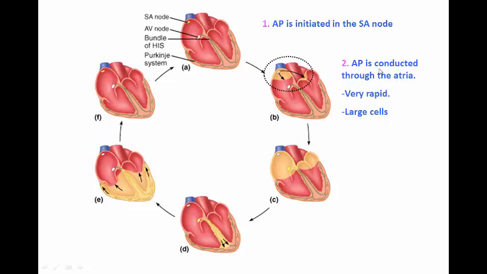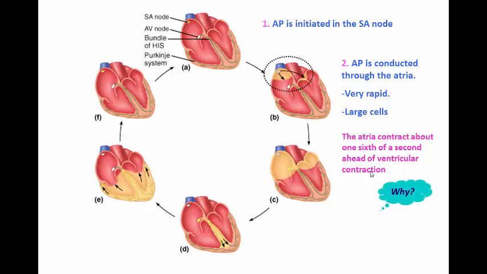When the action potential is conducted through the atria, it results in excitation of the atrial myocytes. And when the atrial myocytes are excited, they respond electrically by generating fast response action potentials, followed by contraction, followed by systole. So the atria contract about 1/6 of a second ahead of ventricular contraction because the impulse has not yet reached the ventricles.